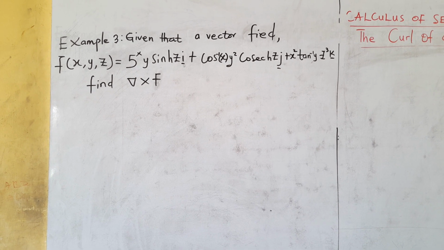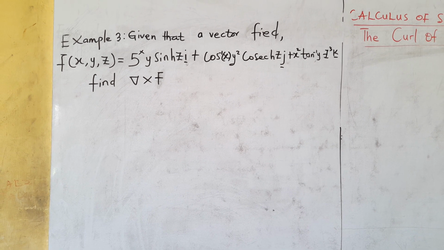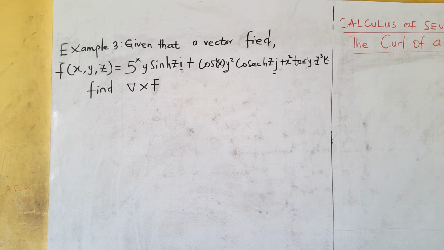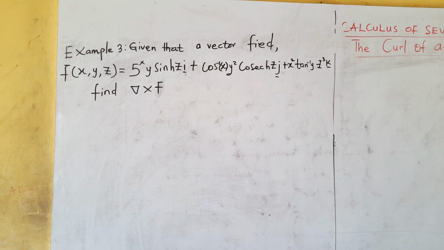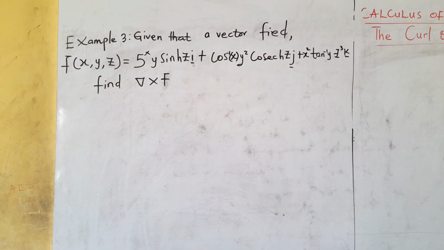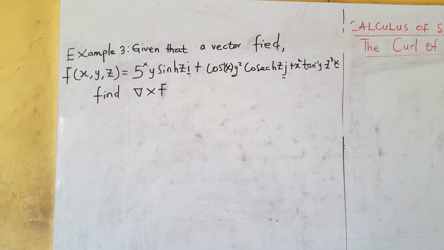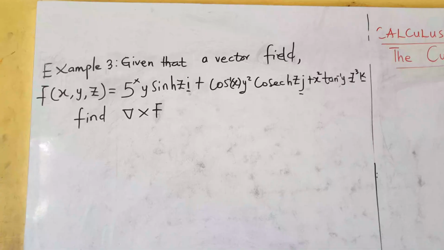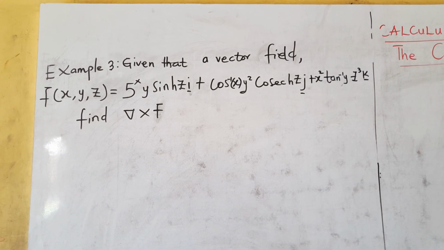We should find the cross product between the vector differential operator and the vector field. So how do we do that? Please, you can pause the video and try solving. After that, you compare your answers with mine.